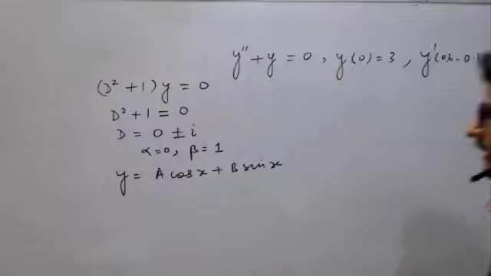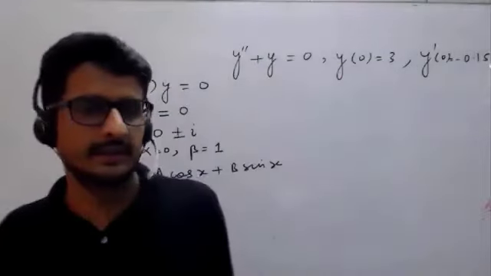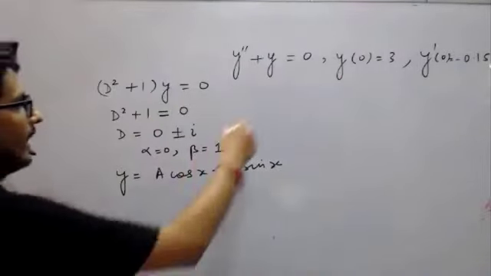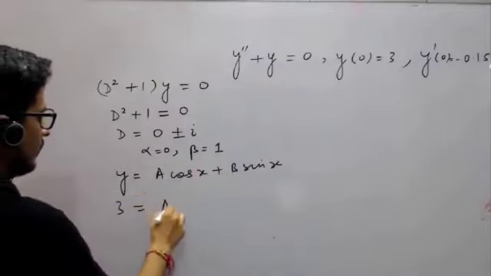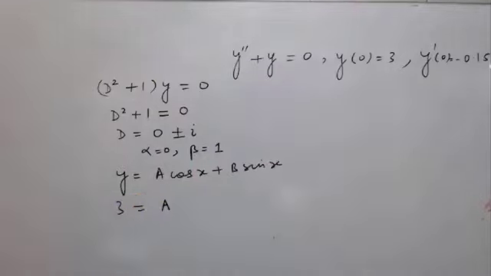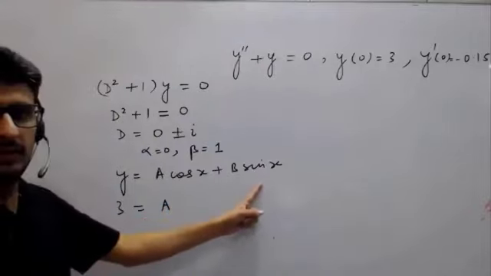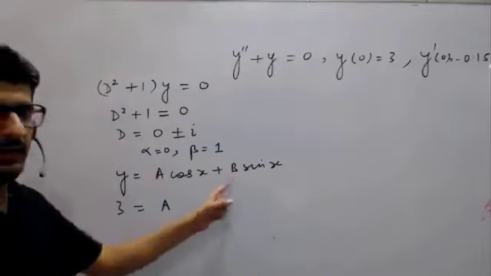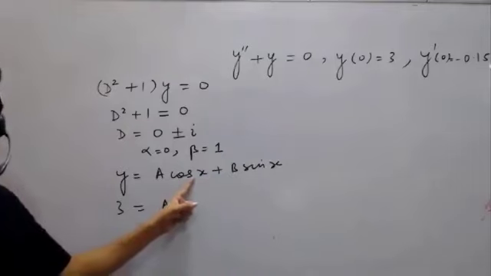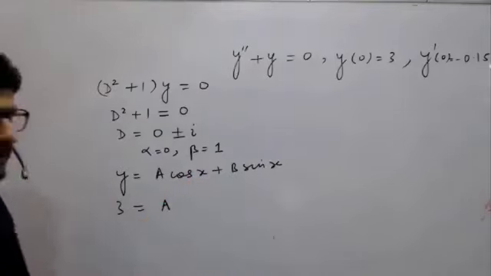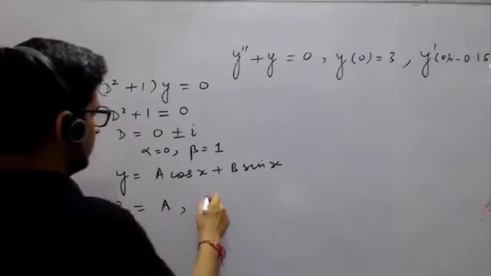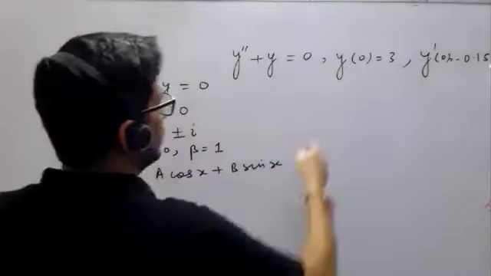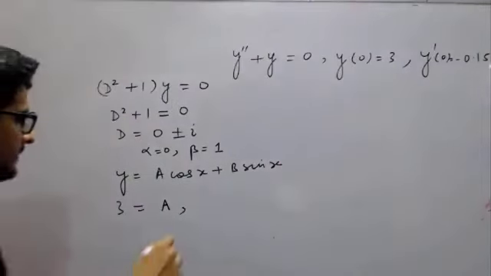So let us use the first condition. y(0) is equal to 3. So 3 is equal to a, because you will put x is equal to 0. So sin will become 0 and cos will become 1. Now the value of a is 3.